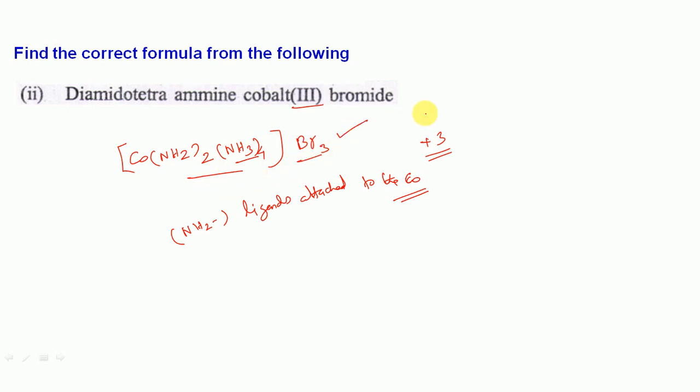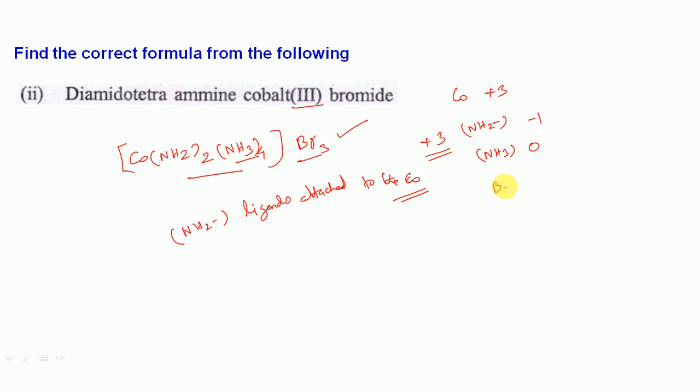Here cobalt is in the +3 oxidation state, amido NH2 has -1 oxidation state, and each ammonia has 0.